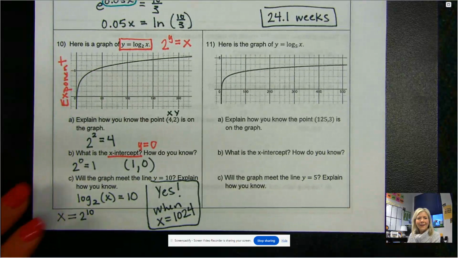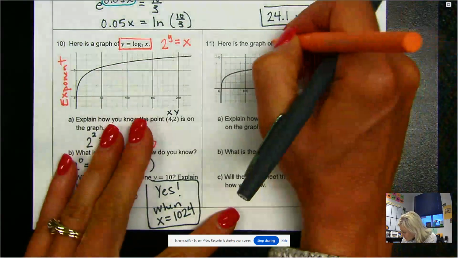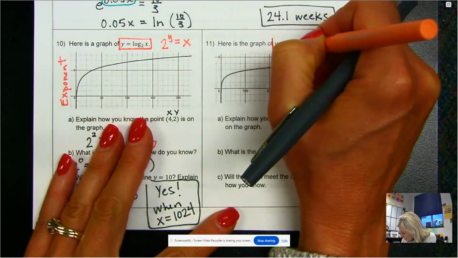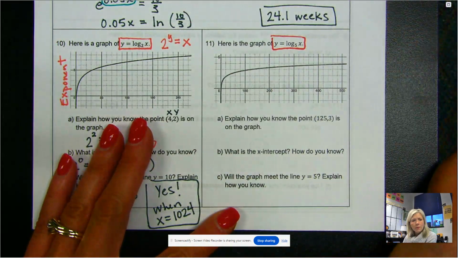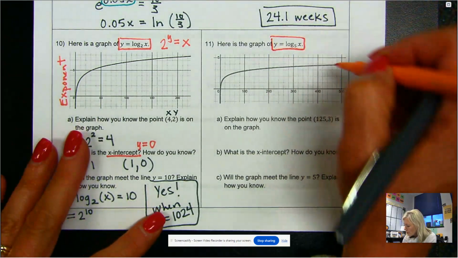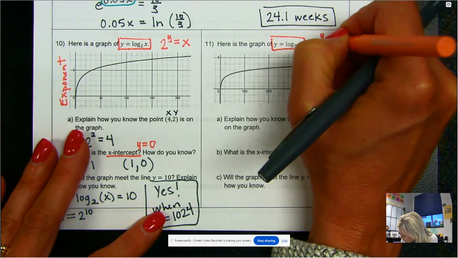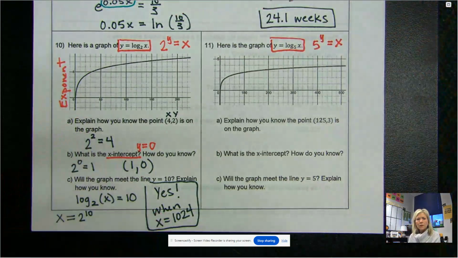All right, and then kind of similar questions here, but this time it's y equals the log base 5 of x. And remember, if we were to put this in exponential form, y is our exponent, so 5 to the y is equal to x.